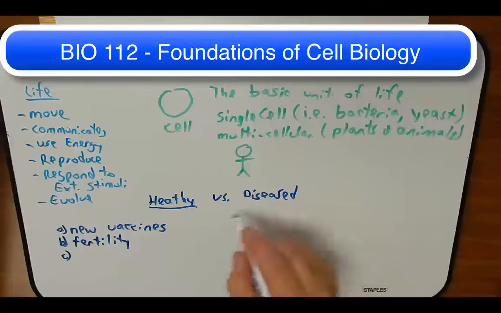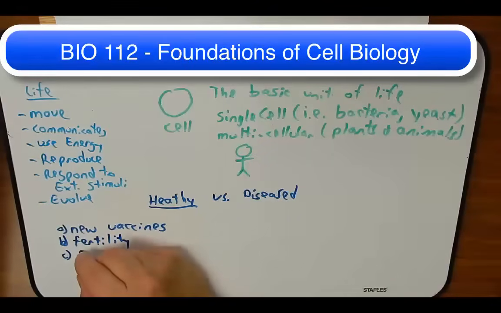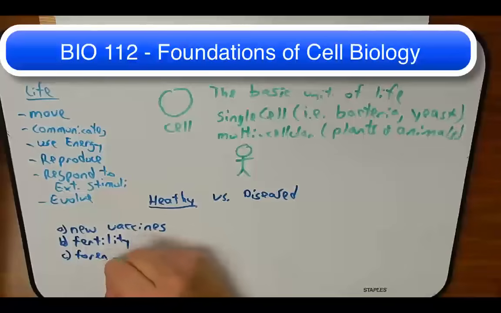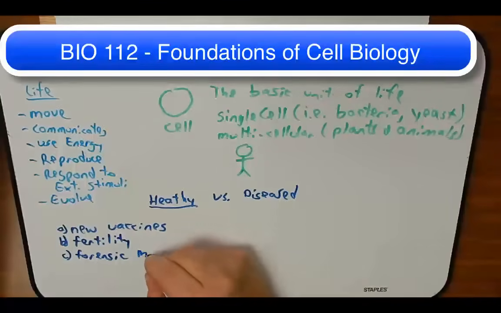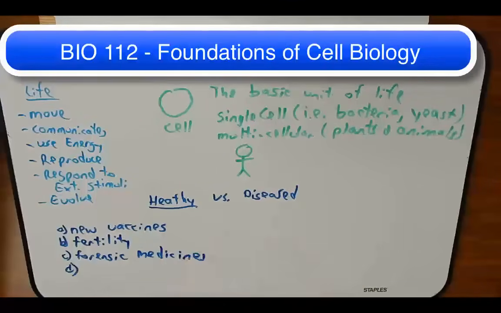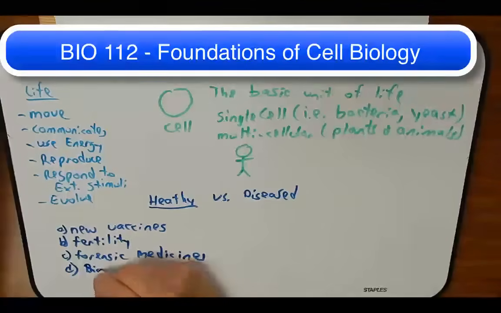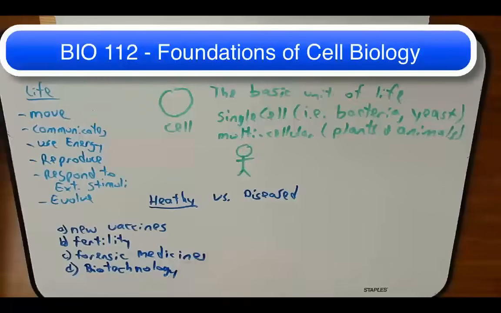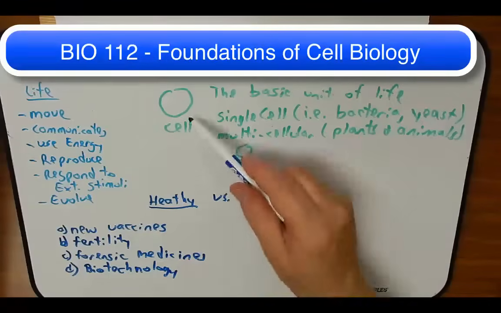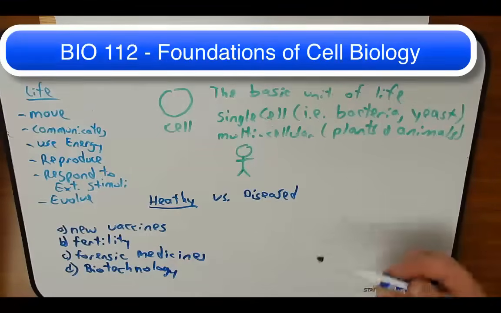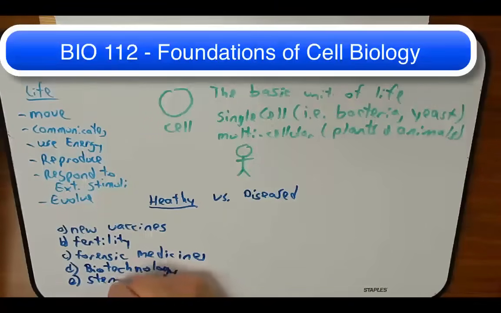Understanding cells will also help us understand what's often called forensic medicine, or just forensics in general as well. Biotechnology. Understanding cells helps us generate new cells or cells that have been engineered to produce certain products. Stem cells. This will be something in the news and has been for a long time. And we'll end here with transplantation.